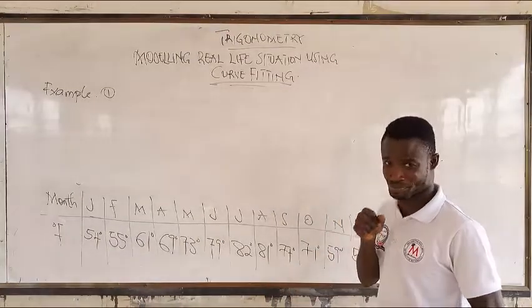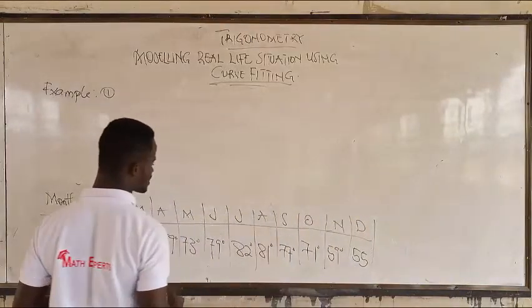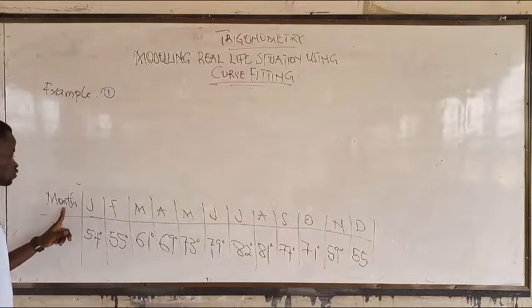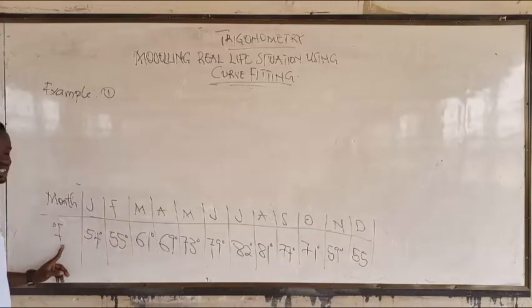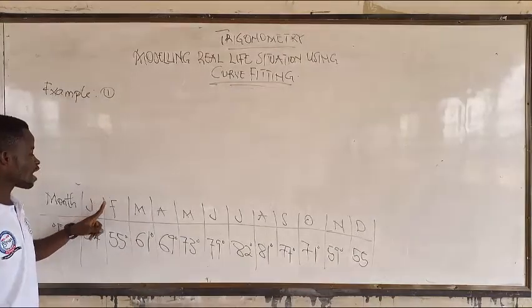So now from the question we were given a table. On the table, this is representing the month and this is representing the temperature in Fahrenheit. So this is January, February, March.